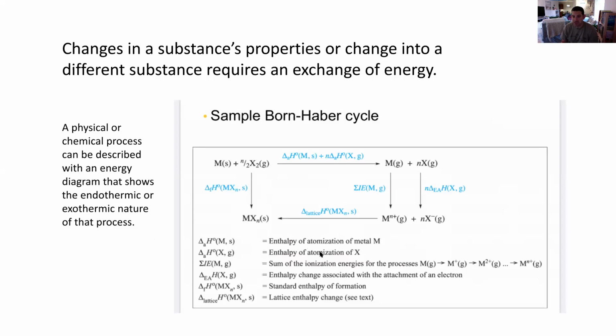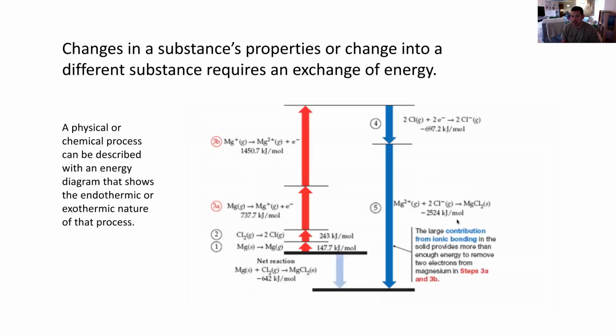The ionization enthalpy, the enthalpy of the atomization of X. So typically if it's something like chlorine, the bond energy has to be split in half. The sum of the ionization energies, the enthalpy change, right? All of these steps have a different enthalpy change associated with them, and they all get added together. So here's an example of magnesium plus chlorine forming magnesium chloride.